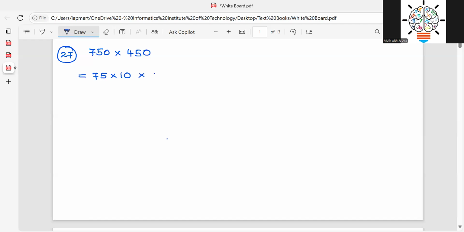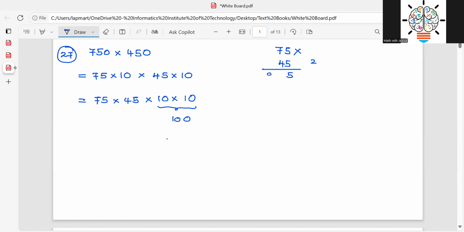Then instead of 450, I write 45 into 10. Okay. Then what I do, 75 and 45, I get closer. And 10 and 10, I got closer. So then here I know it is 100. So then here I want to multiply 75 and 45 like this, right? Like this.